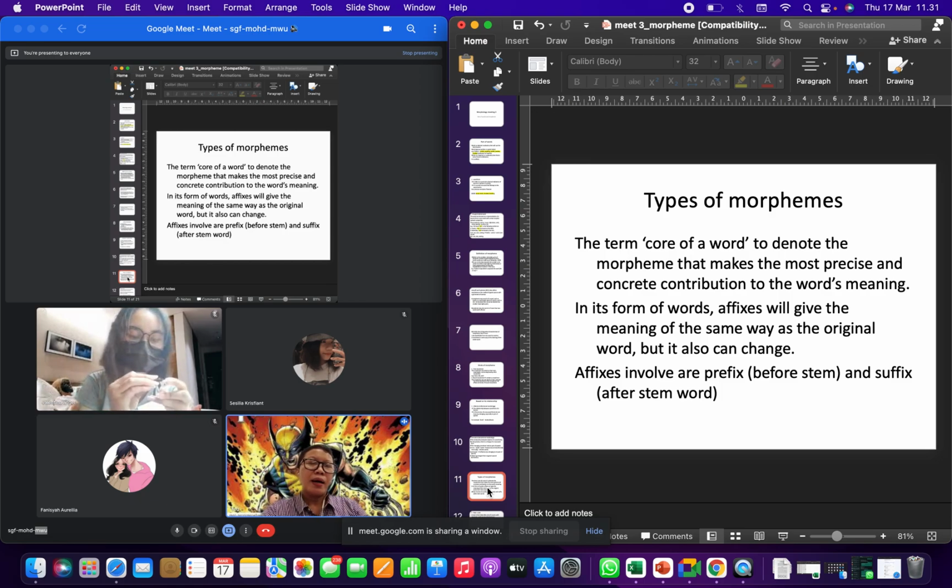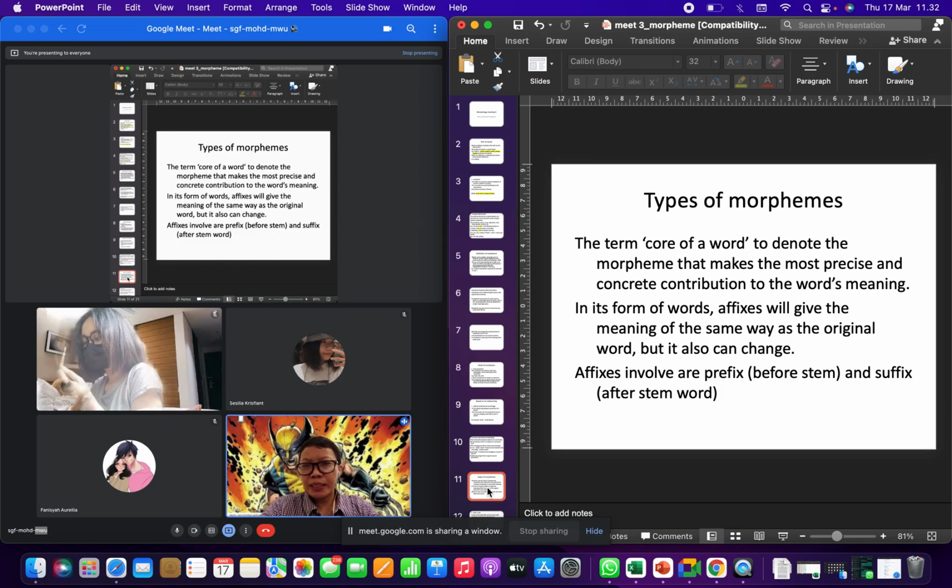It means that the morpheme denotes the most precise and concrete contribution to the word's meaning. We still focus on the word's meaning. Now here in its form of the word, we will talk about the use of affix. Affix means we use prefix and then infix and also suffix.